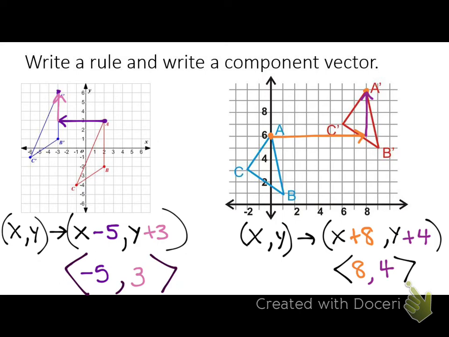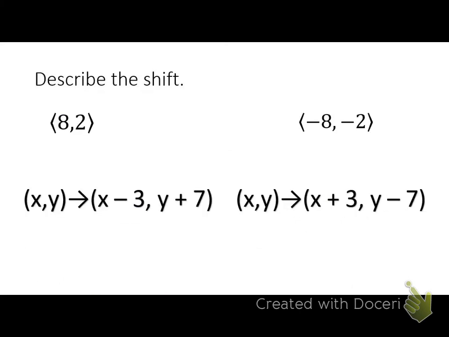Questions on a graph like this? Okay. All right, describe the shift. What happens in this first one? Positive 8, positive 2. What does the positive 8 mean? To the right. And then positive 2 means up. Okay, negative 8, left, and then negative 2, down.